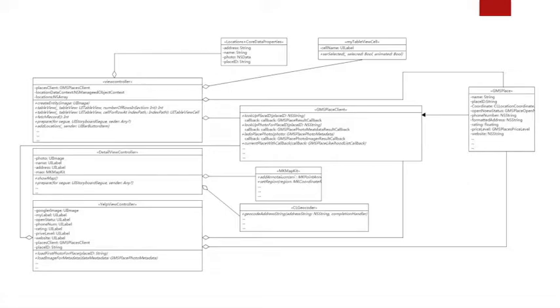The first one is the geocoder. The geocoder converts the formatted, human readable address string to coordinates which MapKit can read. And that's it.